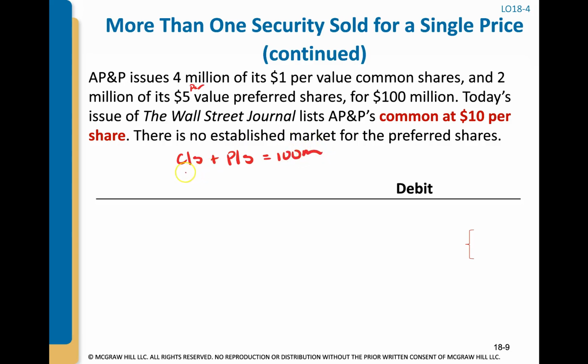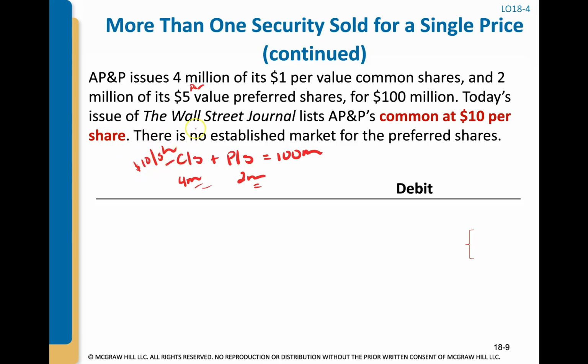And we have 4 million of common shares and 2 million of preferred shares. And we have to allocate this $100 million between common shares and preferred shares. Today's issue of the Wall Street Journal lists APNP's common shares at $10 per share. So this one we know is $10 per share.